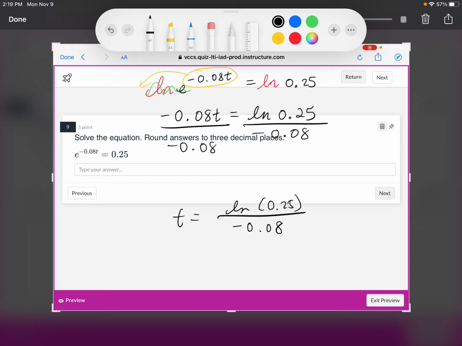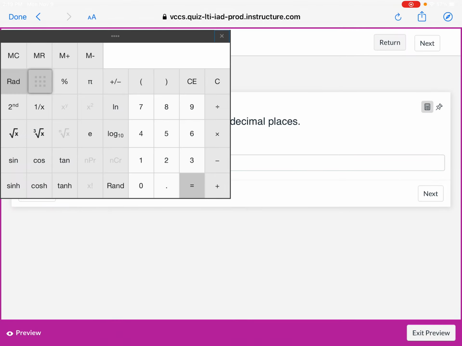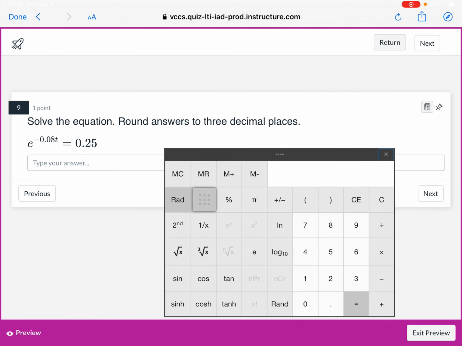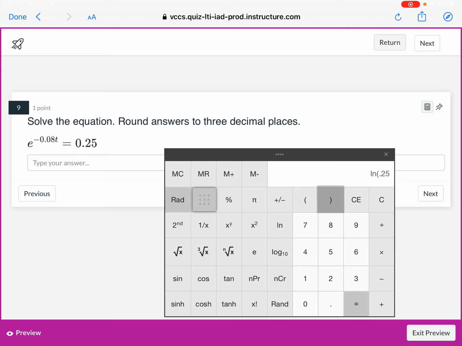Okay, so let's go ahead and type that in the calculator. All right, I do have a scientific calculator on this Canvas problem. So I'll do natural log of 0.25. Oh, I gotta start all over again. 0.25, close parenthesis. Come on, Apple Pencil, you can do this. I don't know what's going on. Oh, maybe it's not letting me do a multi-step at a time.